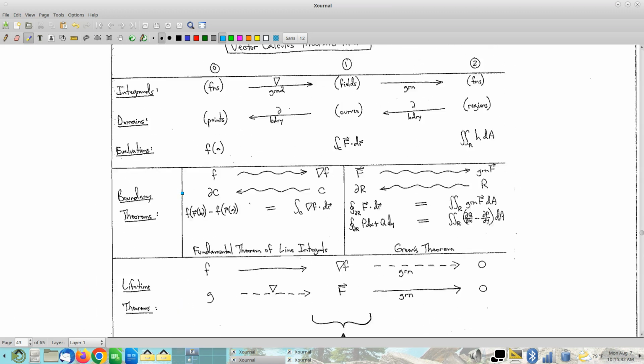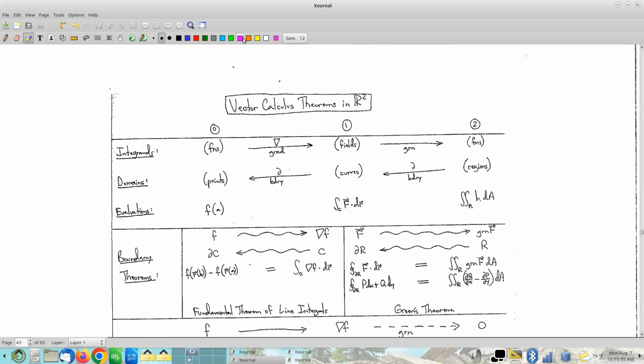For one thing, for these special vector fields, there is a function whose gradient gives you that field. Yeah, absolutely. That's one of the features of these special fields. Now, here's another feature of these special fields. Green's operator is 0. I emphasize that this is one property of these special fields.